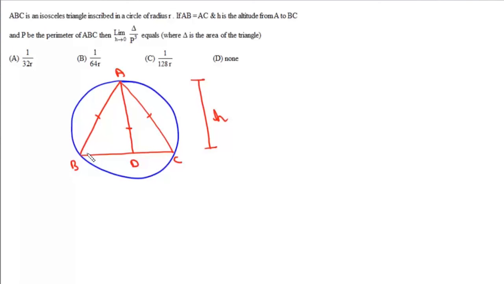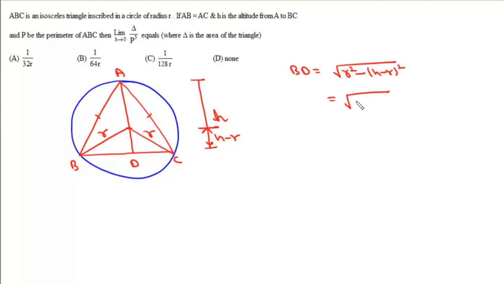Now the radius of this circle is r, so this is r, this is also r, and this side will be h minus r. Now from this we can write BD, and BD will be under root of r square minus (h minus r) whole square, so it will be under root of 2hr minus h square.